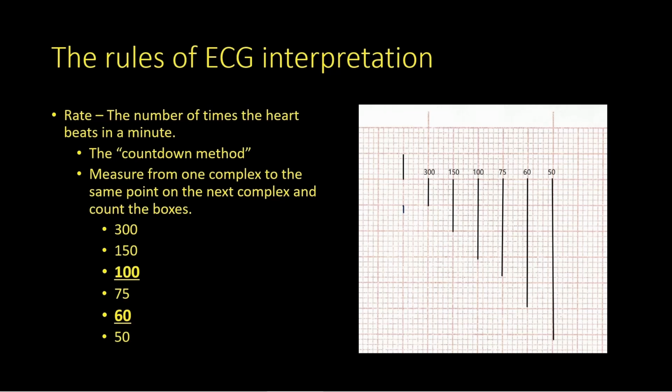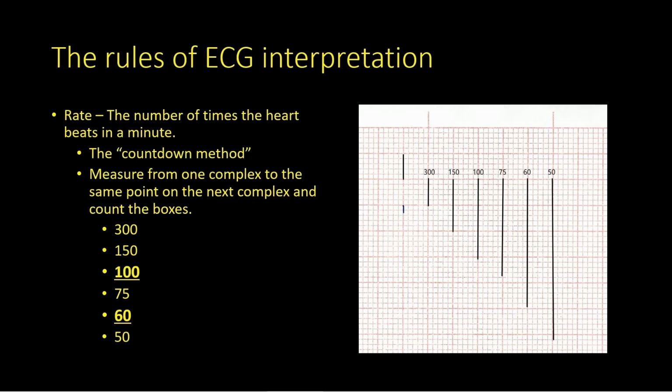If the first R wave is here and the next one is all the way out here, then it would be 150 beats a minute, or half as fast. If the first R wave is here and we get all the way down to here, then it's about 100 beats per minute. If the next R wave instead is all the way here, we'd say, okay, 75 beats per minute.